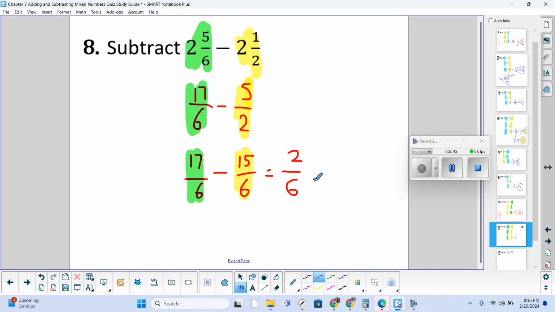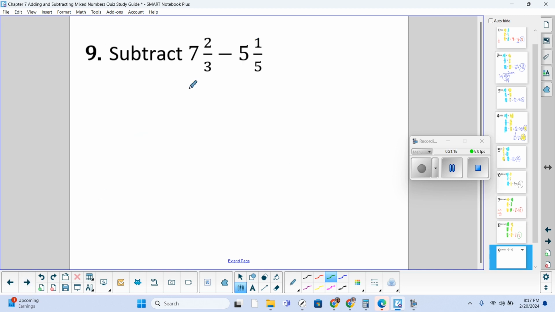All right. Now I would hope that you would understand that 2/6 is not in simplest form. There's a number that goes into both 2 and 6, and that number is 2. 2 goes into itself one time. 2 goes into 6 3 times. So this fraction simplifies to 1/3, but I can understand if you did all this work and got to 2/6, I'd be actually okay with it, but 1/3 is the preferred answer.